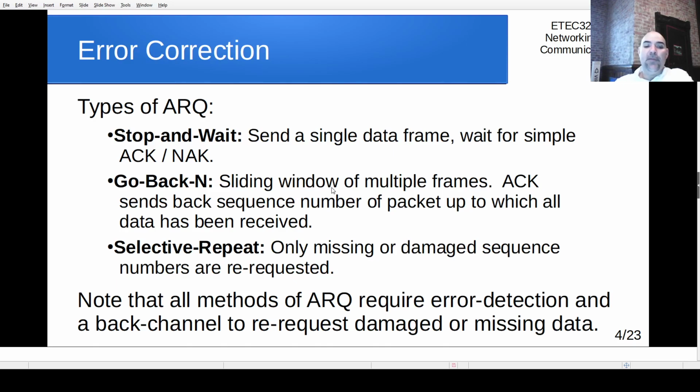But to perform that re-request, we have to have a duplex communication connection, and we have to have the ability to re-request whatever was damaged or missing. And that's a pretty common methodology to use.